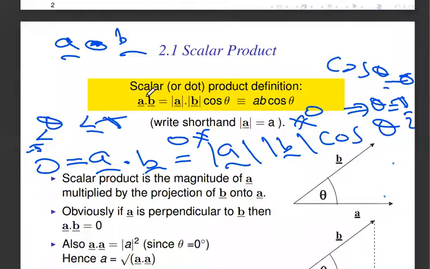Then we can define the dot product with this angle: magnitude of A times magnitude of B times cos theta. Definitely you have to know the angle between A and B if you want to use this, right?